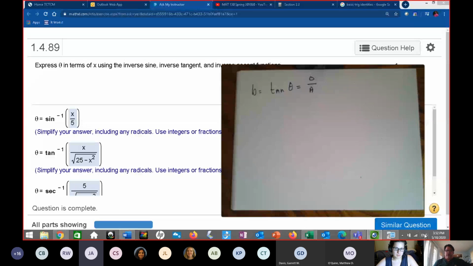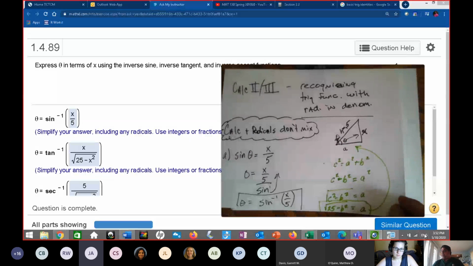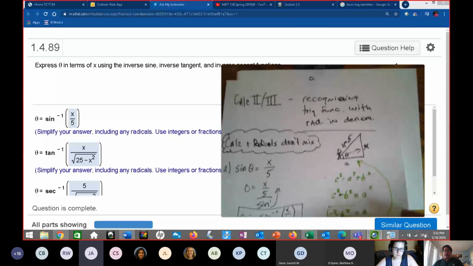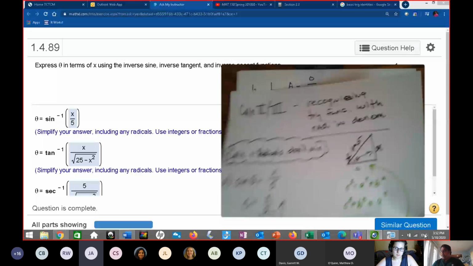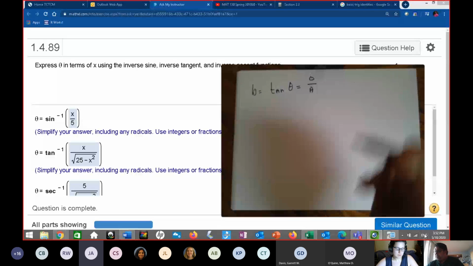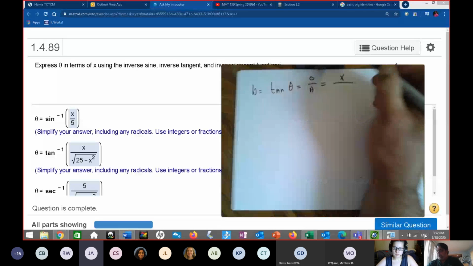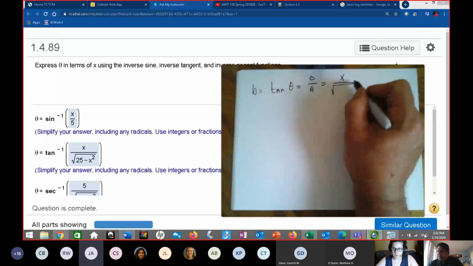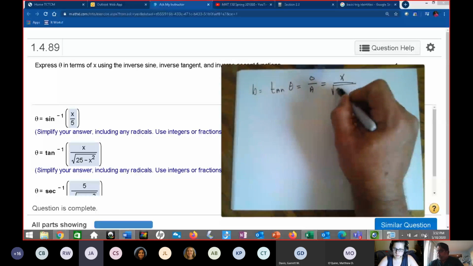Okay, so let's go back to our handy-dandy picture. What's opposite? Opposite is x over adjacent. So that's going to be over the radical. So tan of theta is equal to x over the square root of 25 minus b squared.